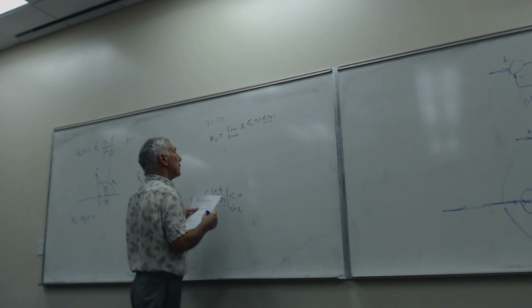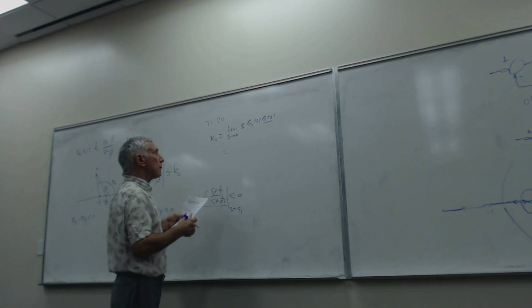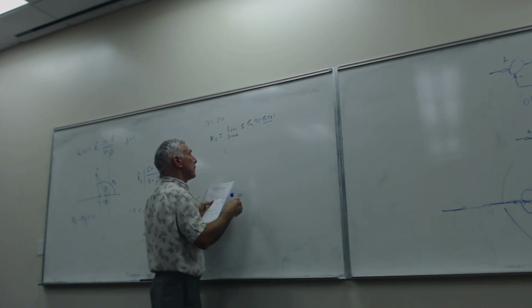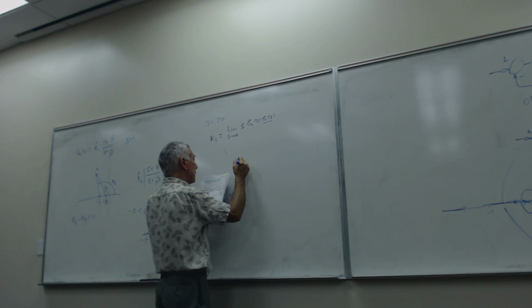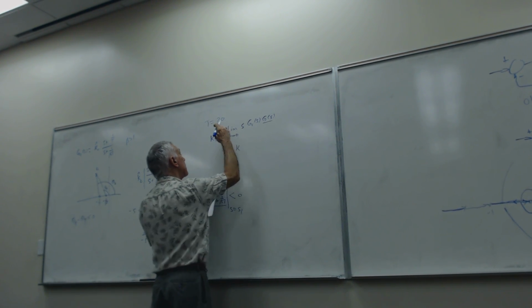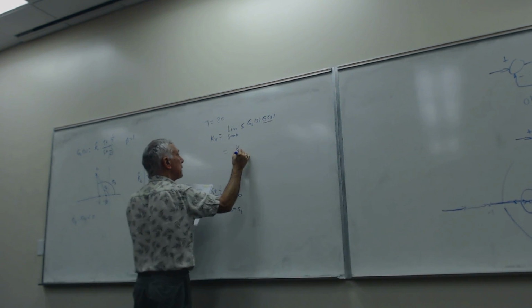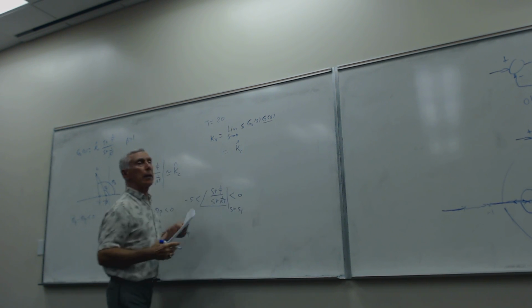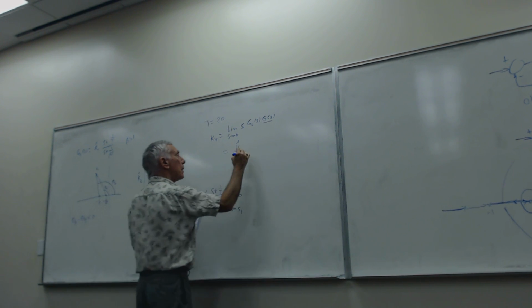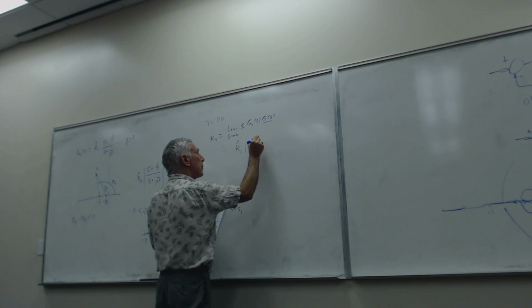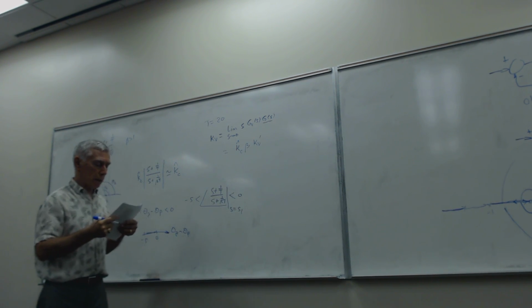And here this s will cancel with that s in the denominator there, and the Gc there just becomes Kc hat times beta times Kv prime.